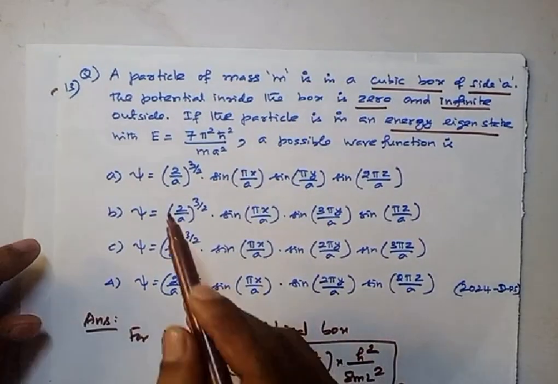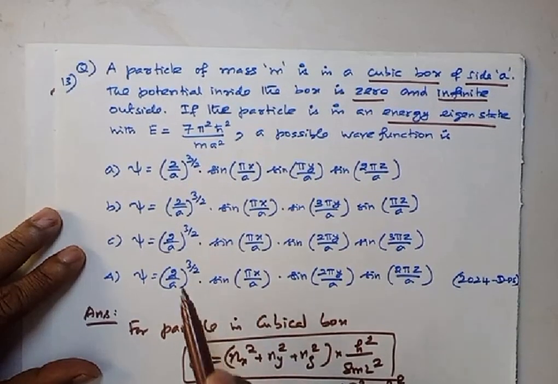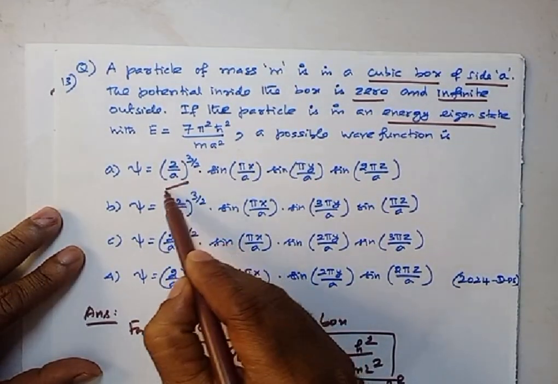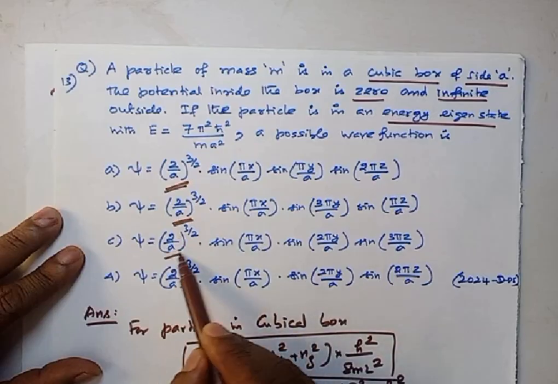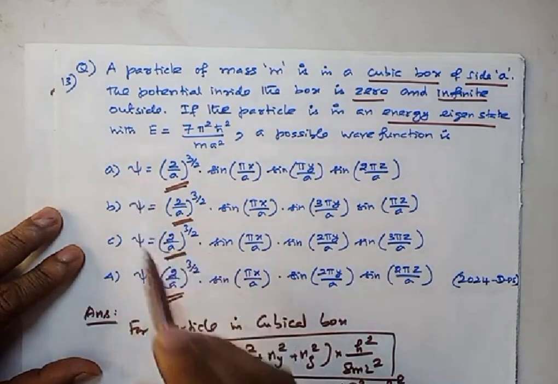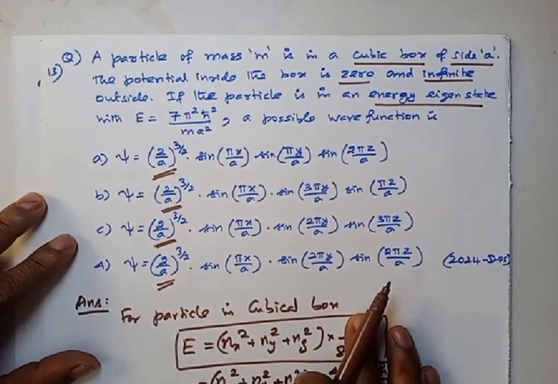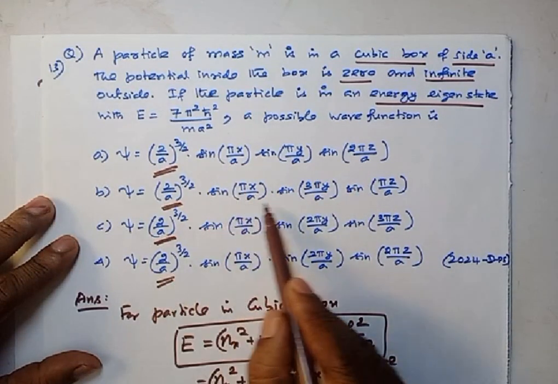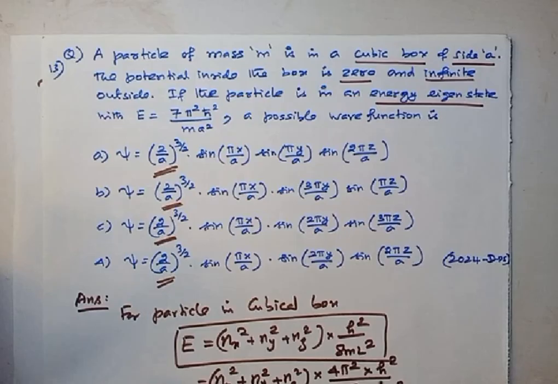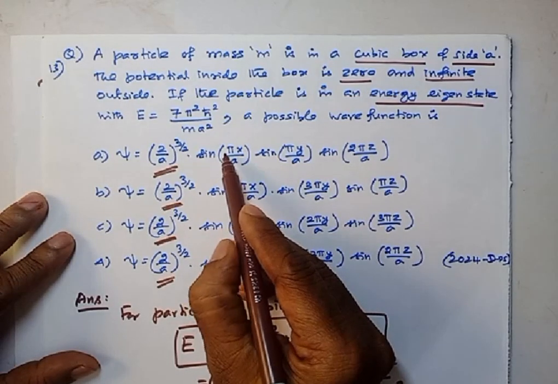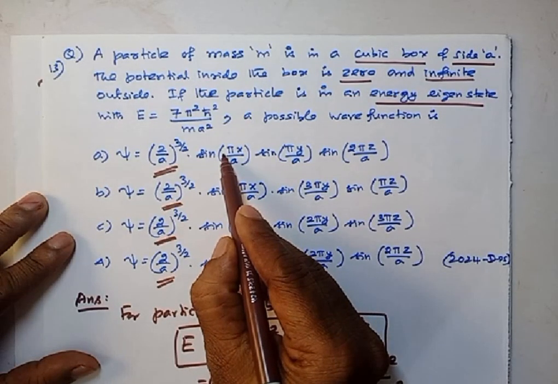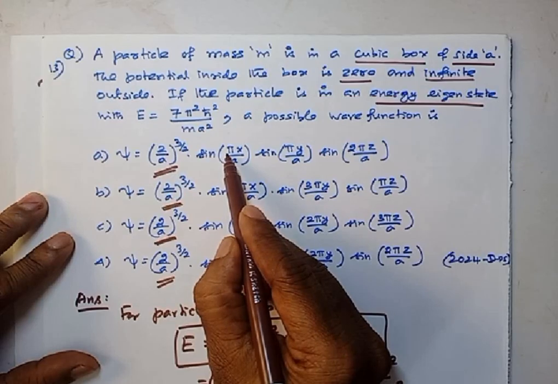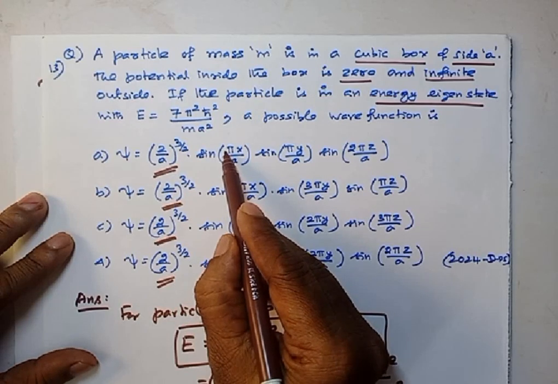Now just go to the 4 options. In all the 4 options, see, the normalization constant is the same, so you need not worry about the normalization constant. Now see, all these 4 options have sine, sine, sine. Now see the numbers.